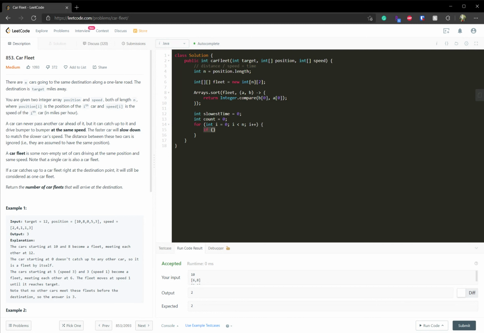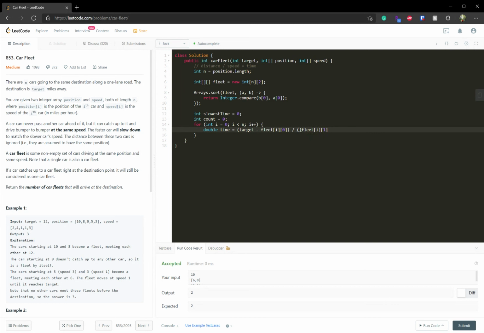First we need to calculate the time, which is a double because we might have decimals. So time is our target minus fleet i's position, divided by fleet i's speed at index 1.